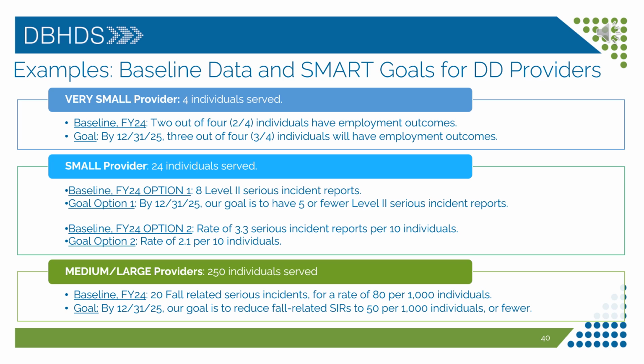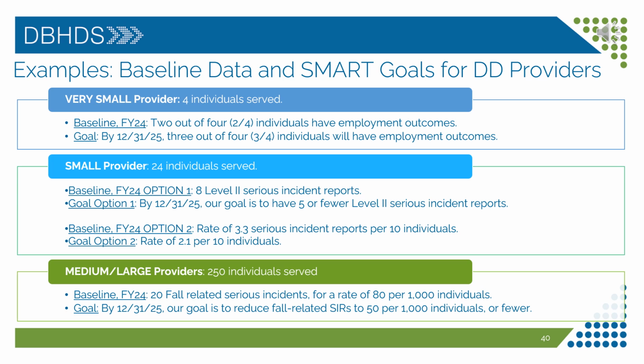For a small provider, it's a little bit bigger. Maybe they are serving 24 individuals. I've done this example with 2 different options, but the same data. So baseline option 1 could be that they had 8 level 2 serious incident reports last year, and their goal could be by this year, they want to have 5 or fewer level 2 serious incident reports.